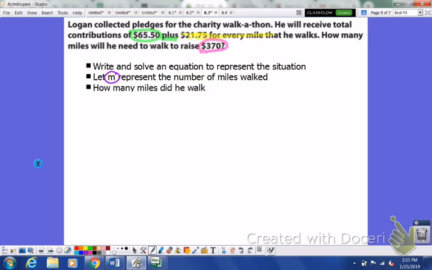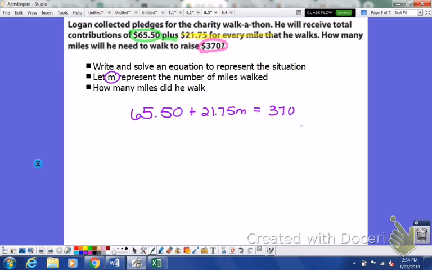And how can I turn this into an equation? Well, he already has $65.50. He doesn't have to walk anything. He's got that $65.50. Plus, if it's every mile, that's our multiplication. So $21.75 times M. And we know he's looking to raise a total of $370, so equals $370.